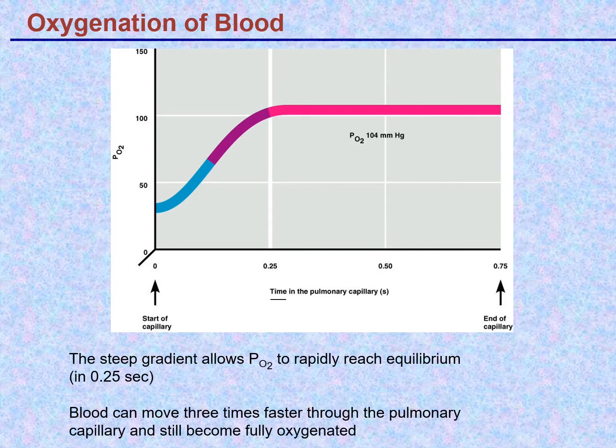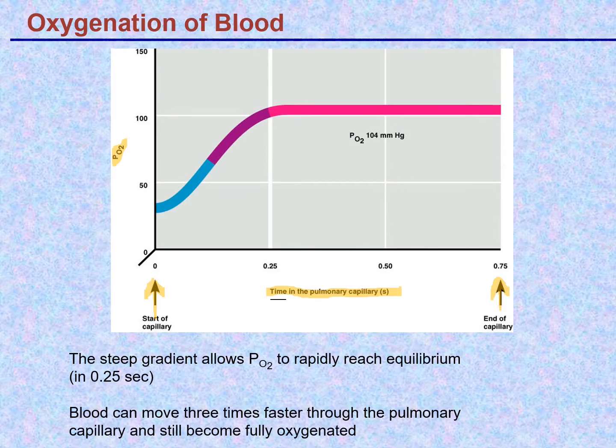Now in this graph, and I always recommend that when you look at a graph, you look at the axes first. This is time across the horizontal axis. It's the average time that blood is in the capillaries, from the starting part, the venous side of the capillary, to the end of the capillary, the arterial side, where it joins the arteries. And this is PO2. You start at 40 right there.